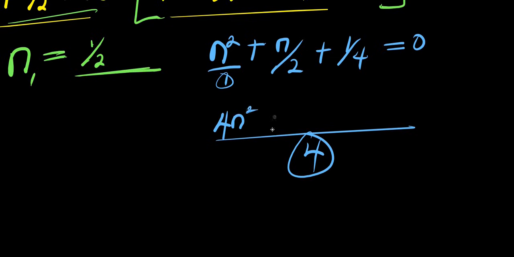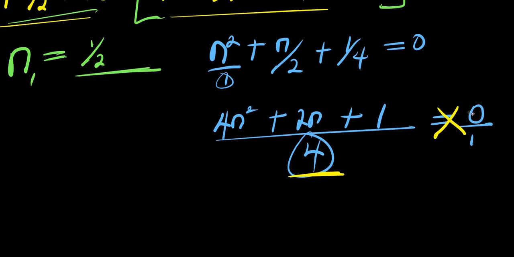That is 4n squared plus 4 divided by 2 times n, that is 2n, plus 4 divided by 4, 1 times 1, we have 1 equals 0. And this 0 is divided by 1. So, we cross multiply. That means the 4 here will multiply the 0, giving us 0.